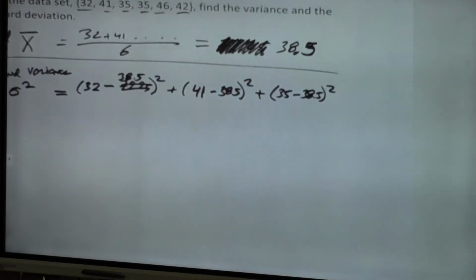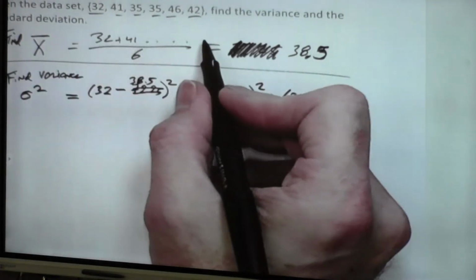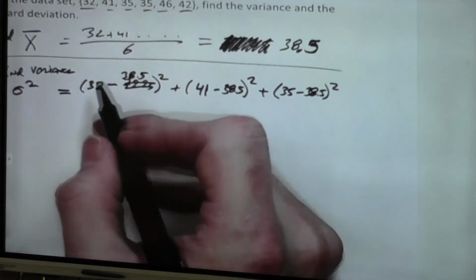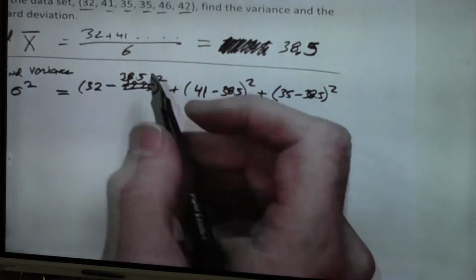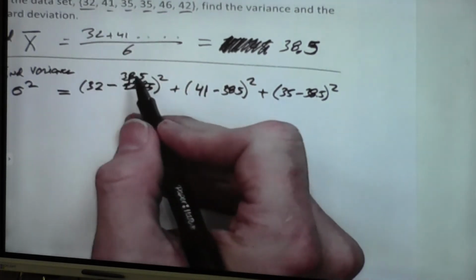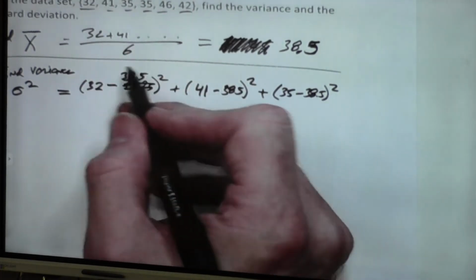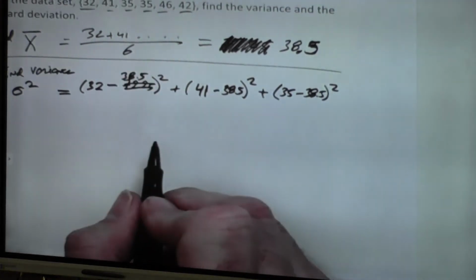It's sort of like doing the average. Here, we added these up and divided by 6. Here, we're going to add up this stuff and then divide by 6. That part's the same. This part is what you have to do first. So instead of 32, we're doing 32 minus the mean, and then squaring, this one minus the mean squared. Add all that up, and then we'll divide by 6.